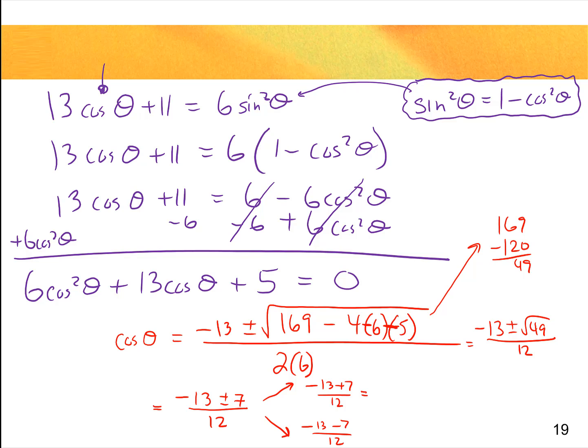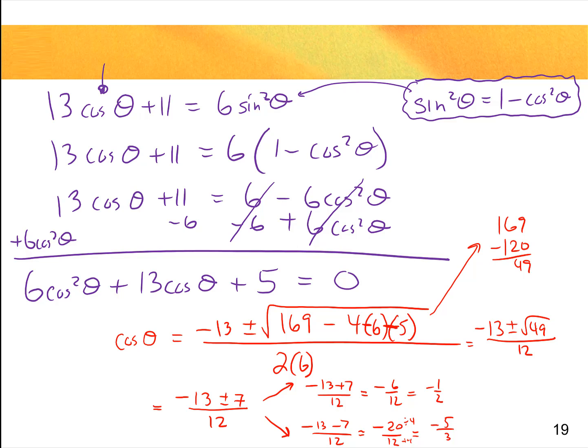Negative 13 plus 7 is negative 6 over 12, and I got myself a negative 1/2. And this one is negative 20 over 12, reducing that by 4, that makes negative 5 over 3. That's cool.